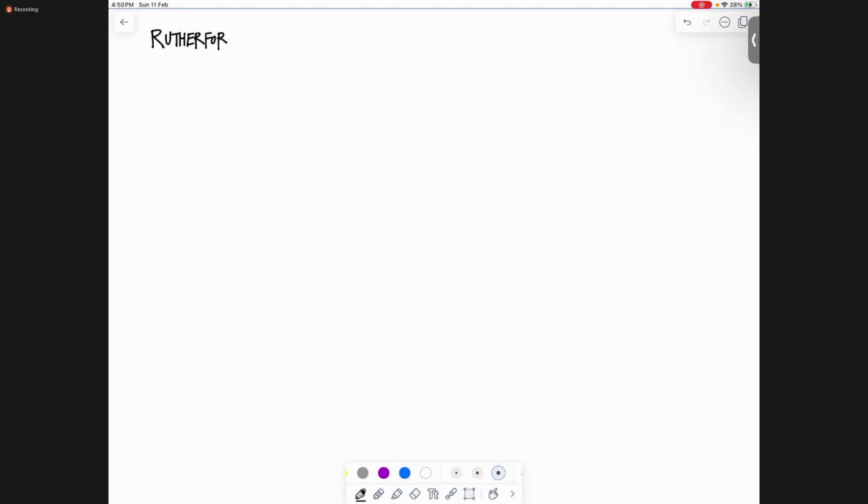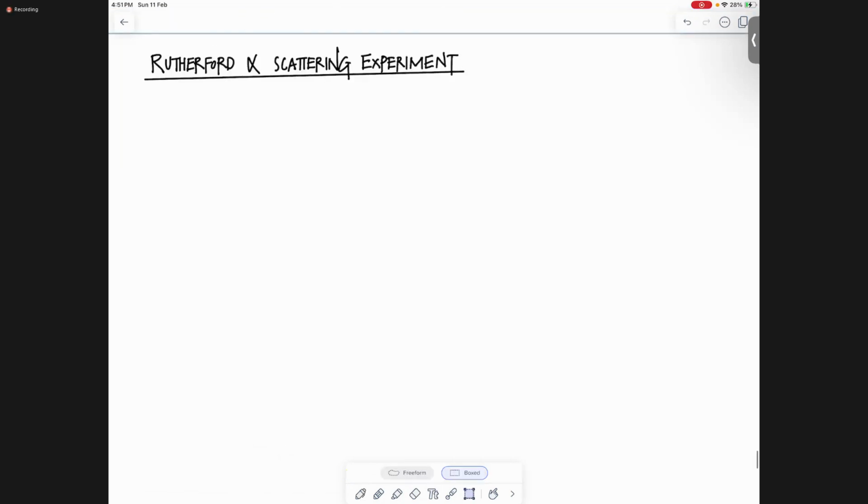Rutherford alpha scattering experiment. What is this Rutherford alpha scattering experiment?